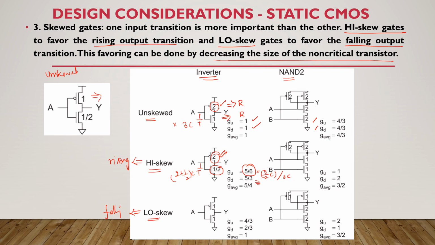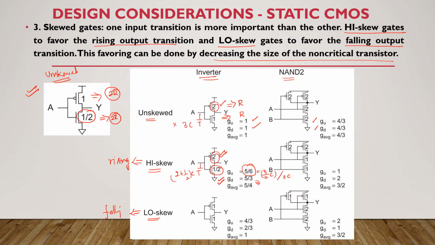Similarly, here also the width is 1, but it is 2R by 1, and here R by 1 by 2 is nothing but again 2R resistance. Both are producing the same 2R resistance, so it is also called an unskewed inverter, right? So to calculate the falling transition GD for the high skewed inverter, we have to compare with this unskewed inverter, because the width here is half, and here also half.